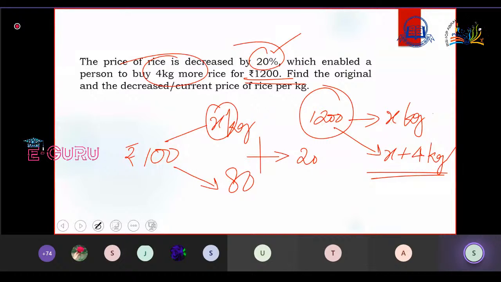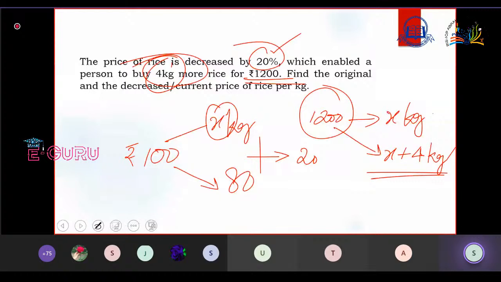You went to the shop, thought that 100 rupees will be the price, but the shopkeeper told you that you need to pay only 80 rupees. Then unexpectedly you saved 20 rupees there. This 20 rupees you are using for additional purchase, right? How much additional purchase? 4 kg.